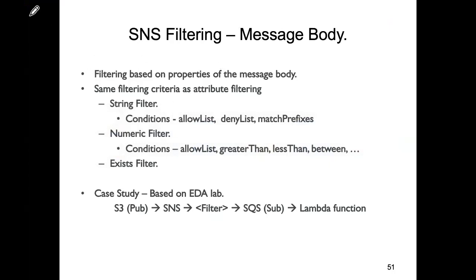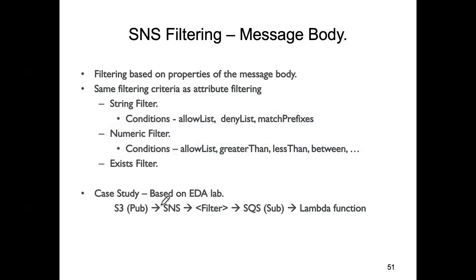I'm just showing you a subset of the architecture here. S3 is my publisher in this case. I'll be using the CLI to upload a file to S3, but S3 is going to publish messages into the SNS topic. So the body of those messages is dictated by S3.